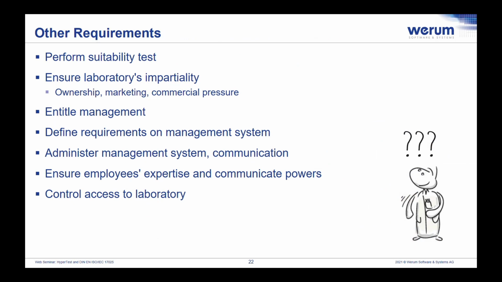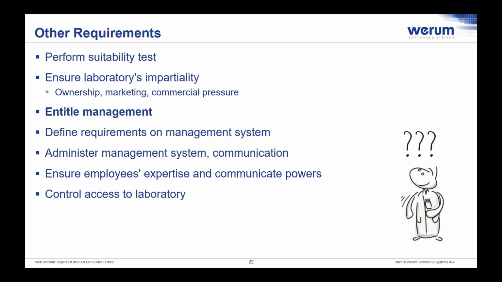There are some requirements posed by the DIN EN ISO IEC 17025 that can't be mapped directly in the test management tool HyperTest. That concerns a suitable test to check a participant's performance by predefined criteria. It must be ensured that the laboratory is impartial.